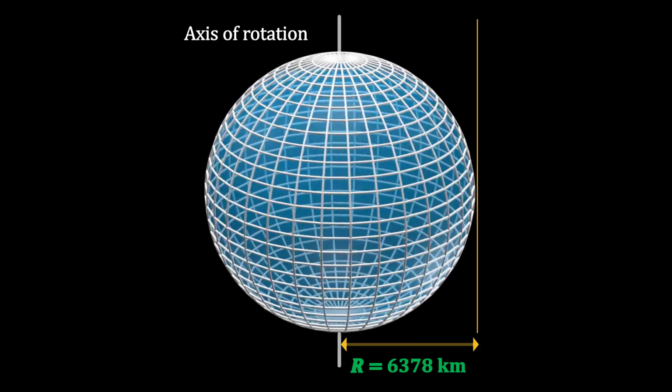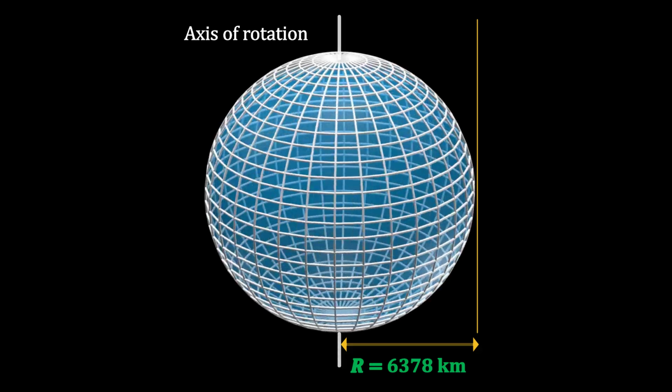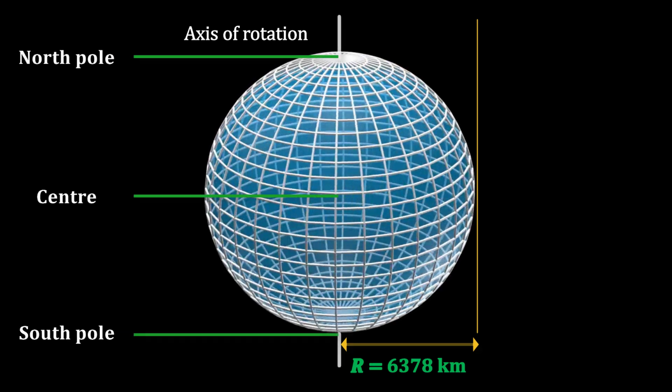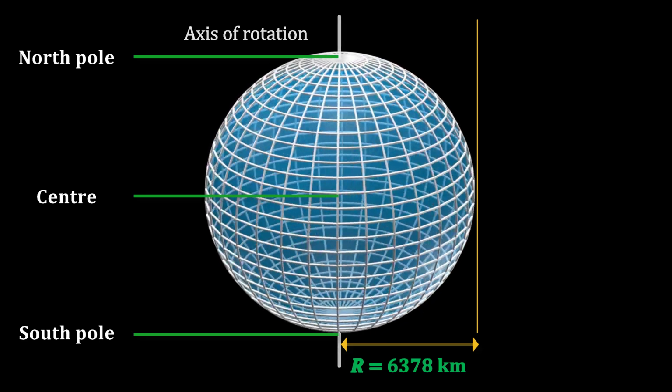The axis of rotation is an imaginary line that passes through the center of the Earth and the poles of the Earth, namely the North Pole and the South Pole.